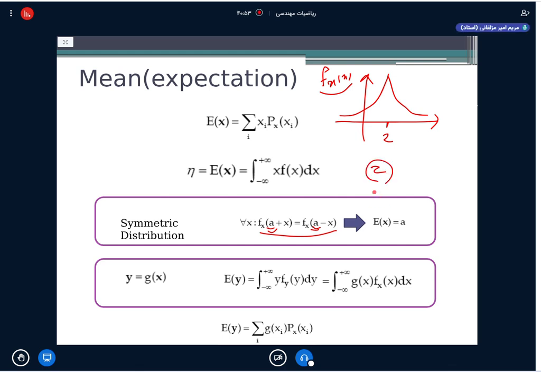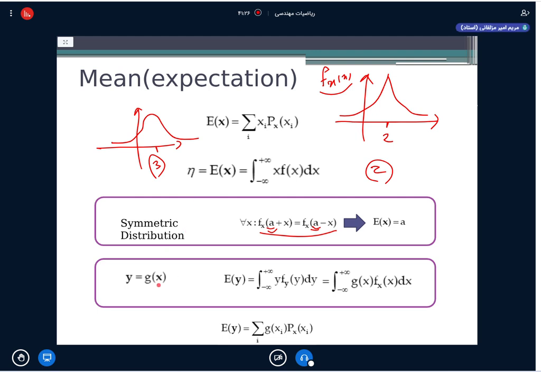So if you have any PDF that is symmetric around a point A, then A will be the expectation of that random variable. Or for example, this distribution is symmetric around 3, so the mean of this distribution, or the expectation of the random variable related to this distribution, is equal to 3.